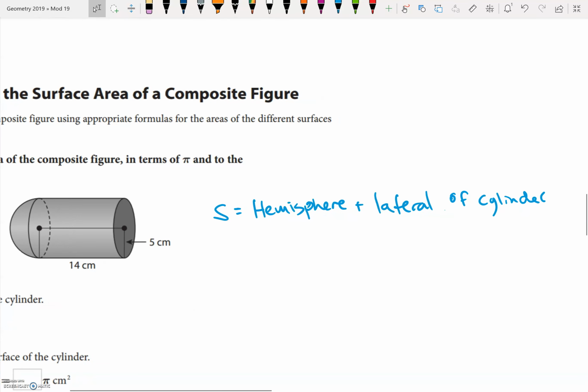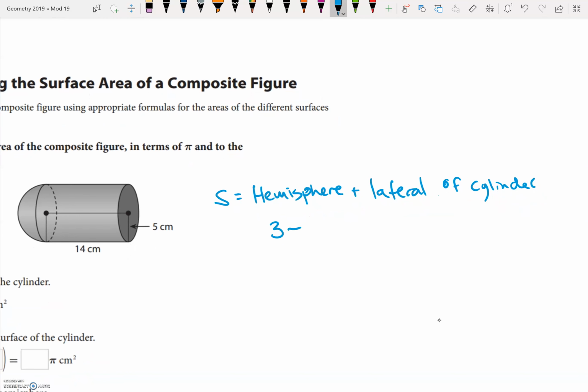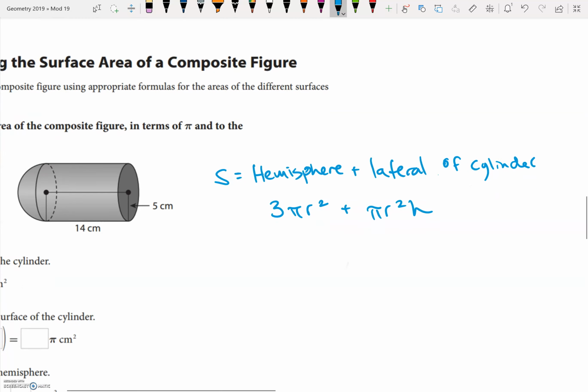The surface area of a hemisphere is 3 pi r squared. The lateral face of the cylinder is going to be pi r squared times height, which is 14. So then we'll plug that in.